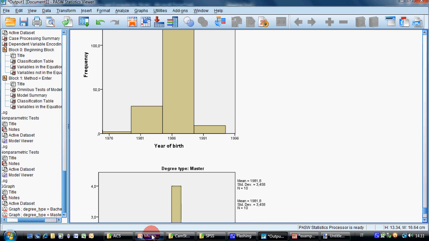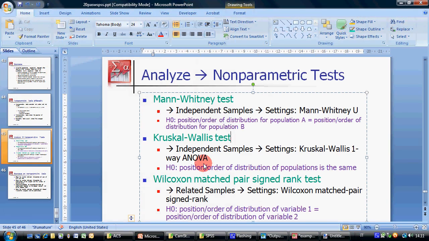Okay, let's go on. Kruskal-Wallis. Kruskal-Wallis is the alternative for the ANOVA test. So it's exactly like the previous one, Mann-Whitney, with the difference that it checks several populations. So instead of checking two populations, it checks several populations. So let's see how to do it.